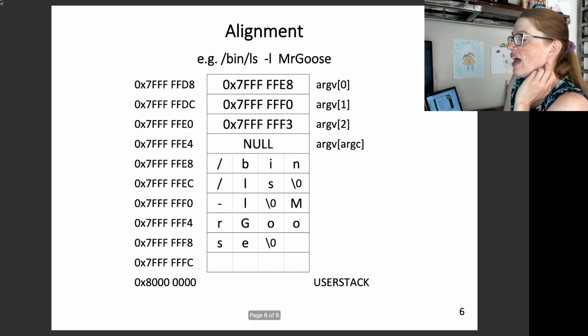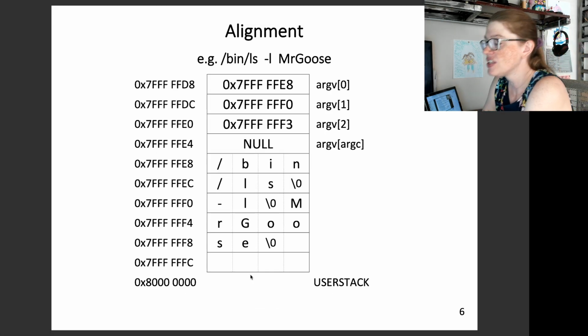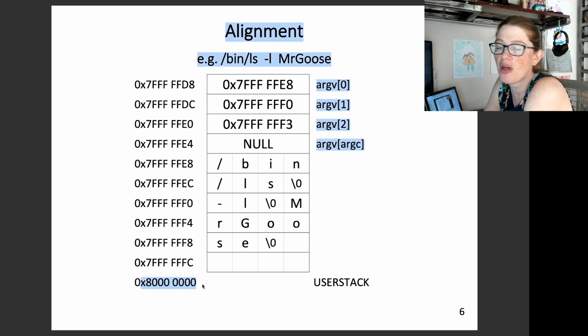So let's look at an example here. So here we have user stack, which is this virtual address right here. Now what I have put on here is I am running the program ls, and I have the arguments -l and Mr. Goose.